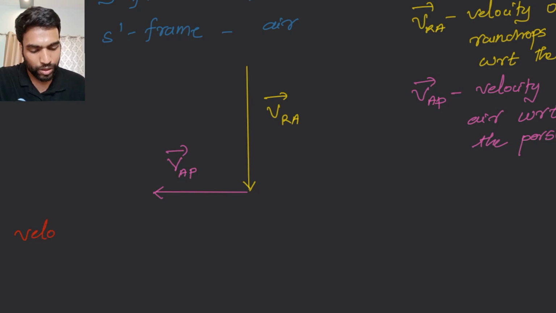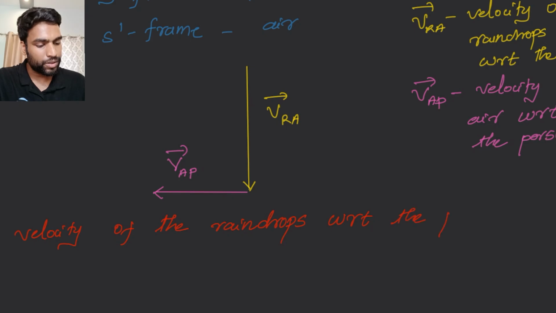So velocity of the raindrops with respect to the person, I can call it as VRP.